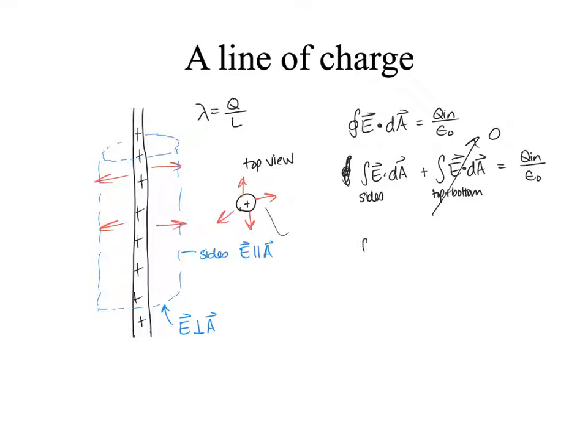And along the side, the electric field is parallel to the area, so you get E dA, and the electric field is also constant over that surface.